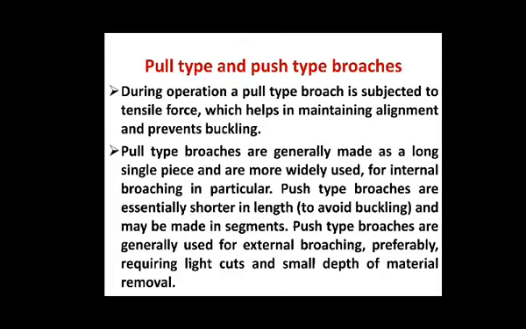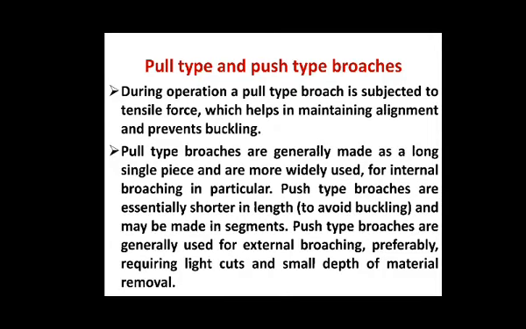Push broaches are used for external broaching, preferably requiring light cuts and small depth of material removal. So here ordinary cut and progressive type broach is there. Here you can see the solid, sectional and modular type broach.